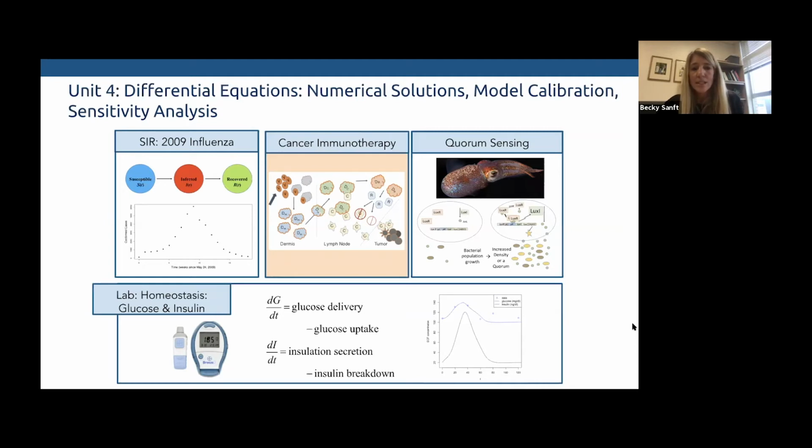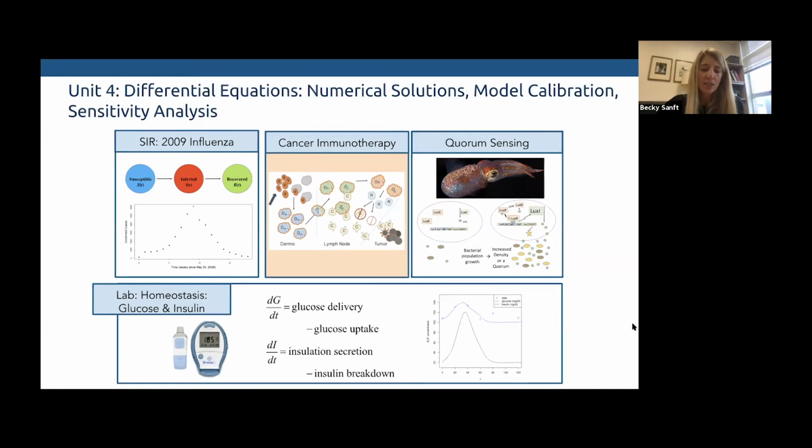We also see a case study on cancer immunotherapy. That's the one that we're going to go through in detail in our next session, if you'd like to see that. And then the last case study is on quorum sensing. And we look at it in the context of bobtail squid here and luminescence.